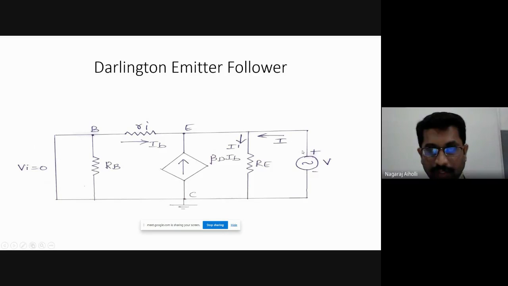The current which is moving from the voltage source V is I. The current which is flowing into the resistance Re is I dash. This is the circuit redrawn for finding the value of the AC output impedance. We are finding the output impedance.